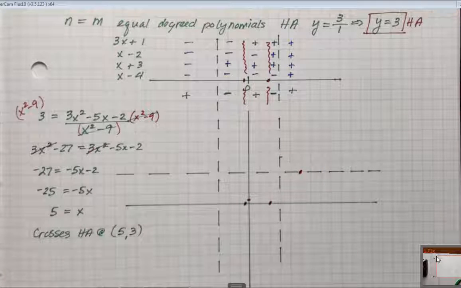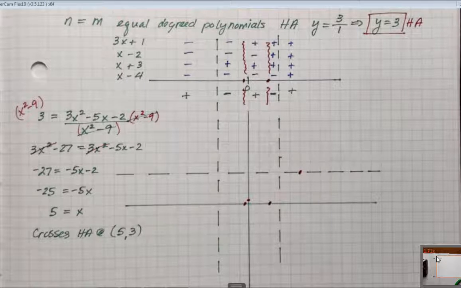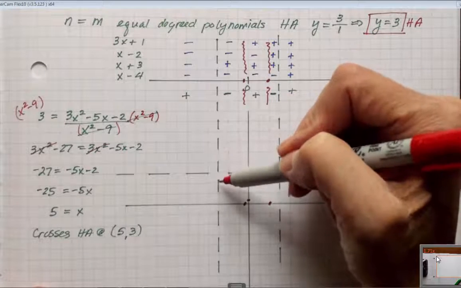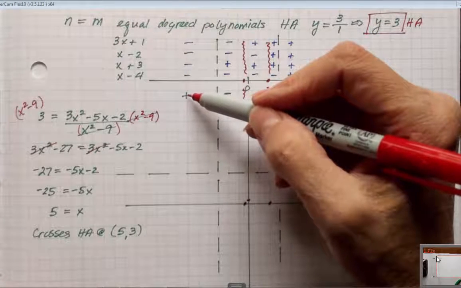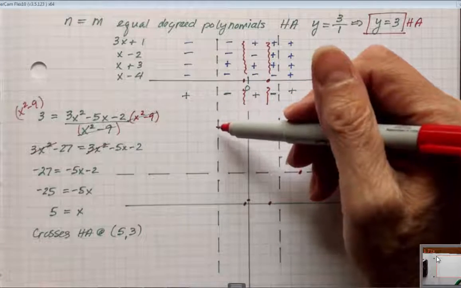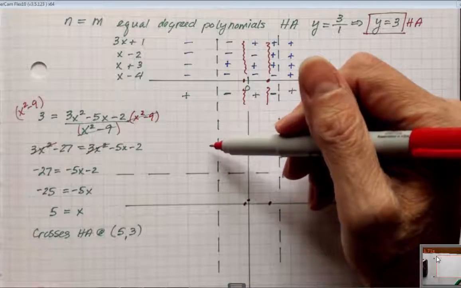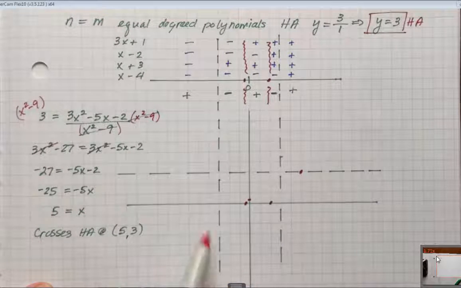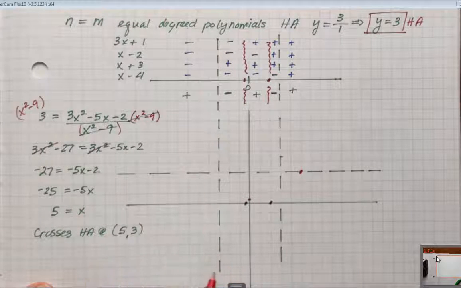Okay, now I'm going to go ahead and use my sign graph. So to the left of negative 3, I'm going to be positive. The entire graph has to be positive. Remember that we have to approach our asymptotes. We're not going to go over them or past them. So I have a choice. I can either go down this way, where I approach both of my asymptotes, or I can approach both of them this way.